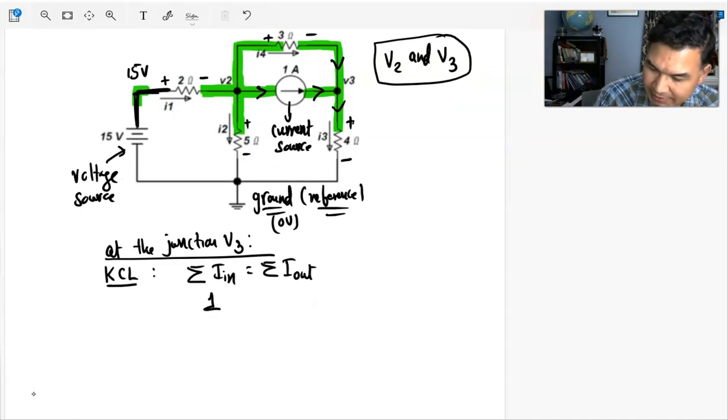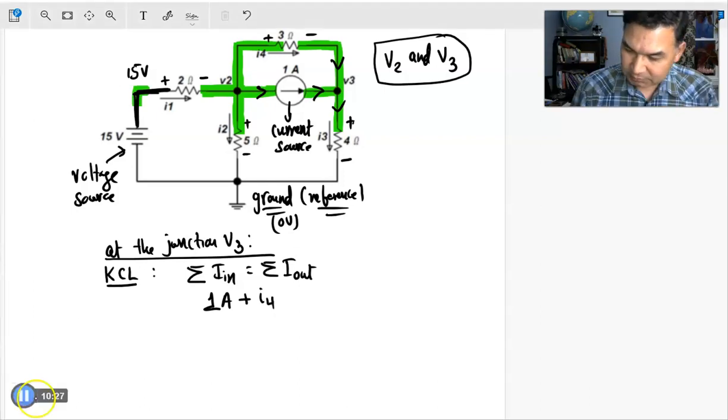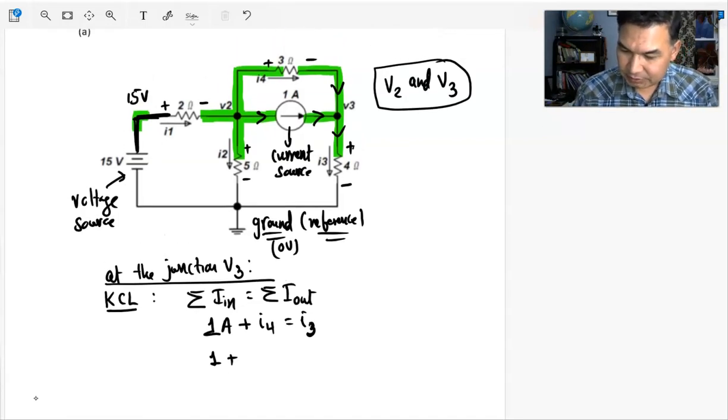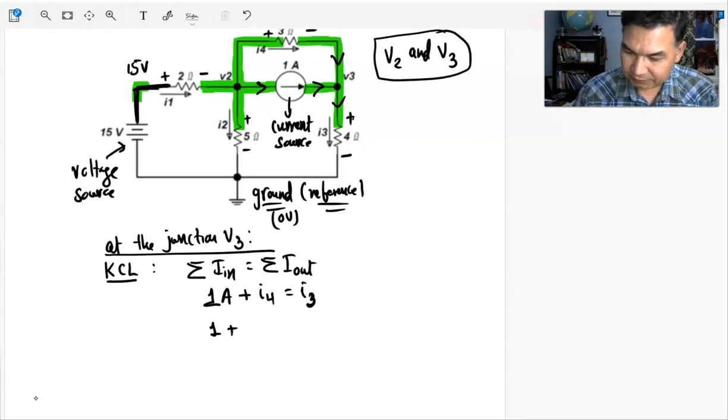So 1 amp, which is the current, plus I4. 1 amp plus I4 is equal to I3, right? 1 amp plus, what is I4? I4 is again V2 minus V3 divided by 3 ohms.